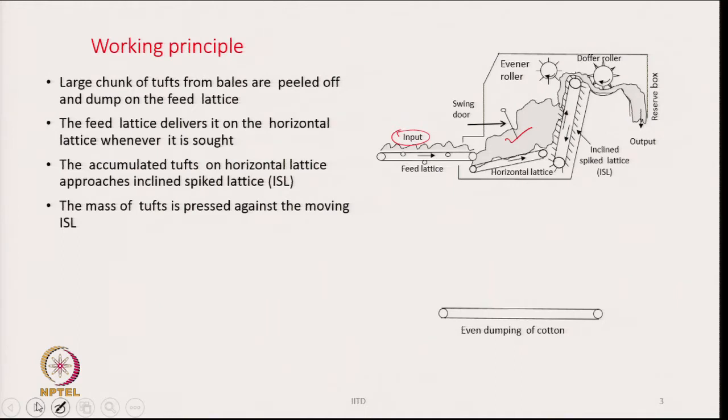The mass of tufts will be lifted up because the spike lattice is going to penetrate the tufts as it is moving up. So, this will also take the tufts along with it, and the tufts will reach the interacting zone which is here.